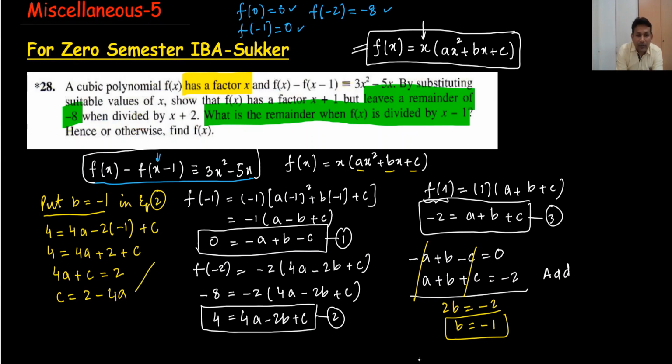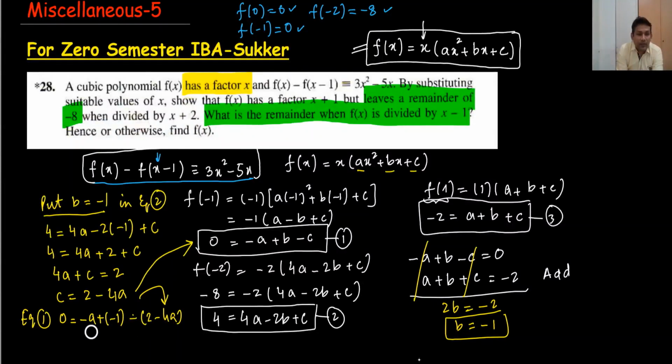Now I think equation 1 we can use, and remember we have to put the value of b also. So 0 equals minus a plus b, which is minus 1, and c, which is 2 minus 4a. We got it from here.